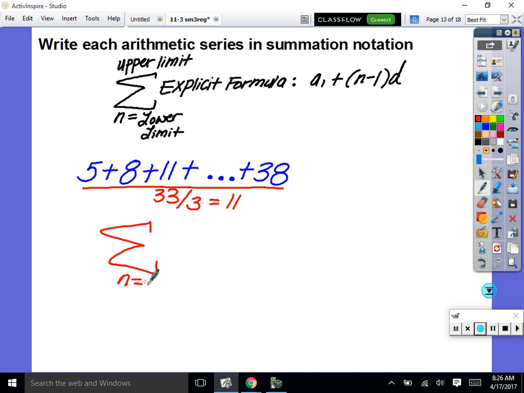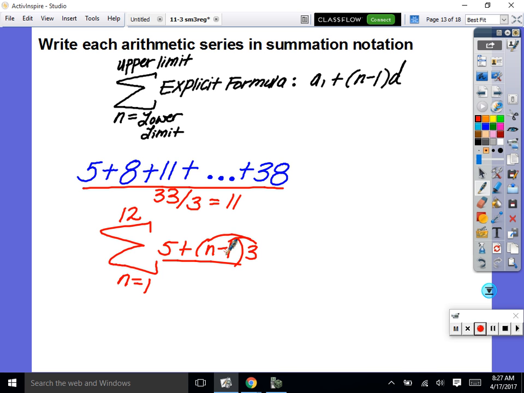So we'd say n equals 1 through 12. We're summing up 12 terms. Does everybody understand 1 through 12? Then we're going to write our explicit formula. For arithmetic, remember it's a sub 1, which is 5, plus n minus 1 times the common difference, which was 3. Then you would simplify it real quick.